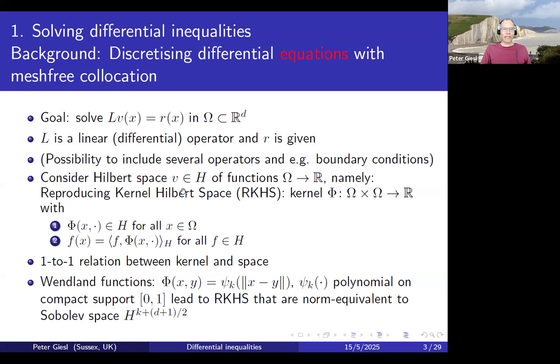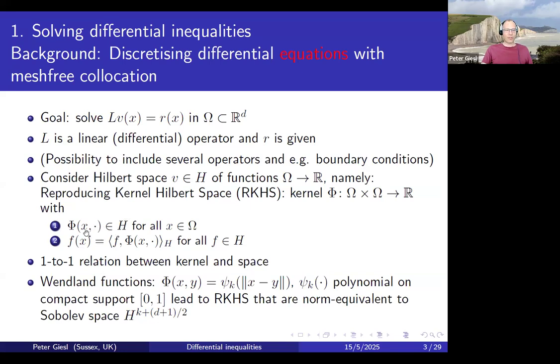And we're going to solve it in a Hilbert space, and actually in a reproducing kernel Hilbert space, H. So the function that we're looking for, V, is in this set H. And it's a reproducing kernel Hilbert space with a kernel phi. And this is just the definition of a reproducing kernel Hilbert space. So the kernel has two arguments, x and y. If you fix one of the arguments, it's a function of the Hilbert space in the other variable.